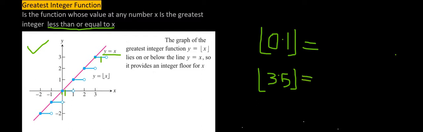You can see which is the less than value from this x value, that is 3.5. And you can easily see that here lies our 3.5 and the greatest integer will be 3 because it is less than x.